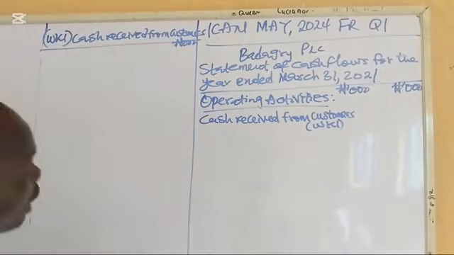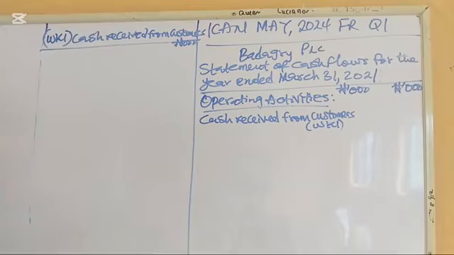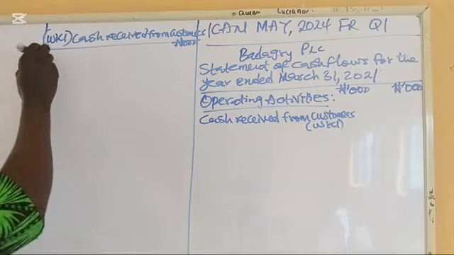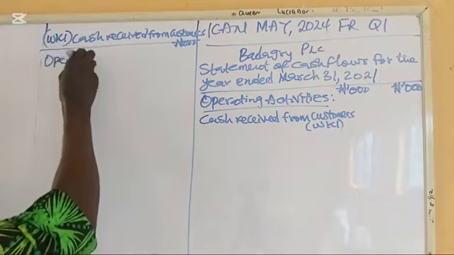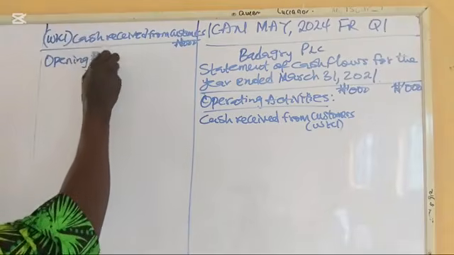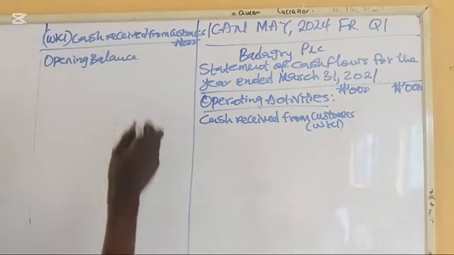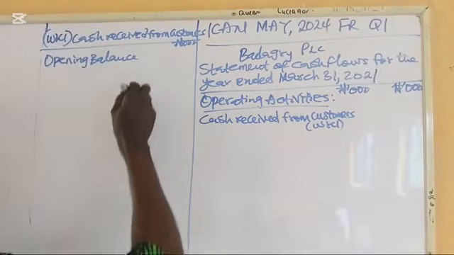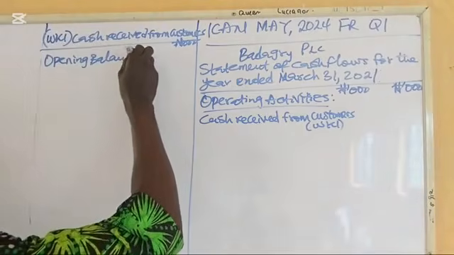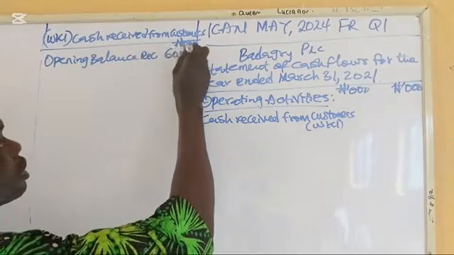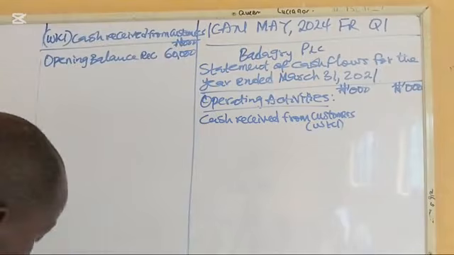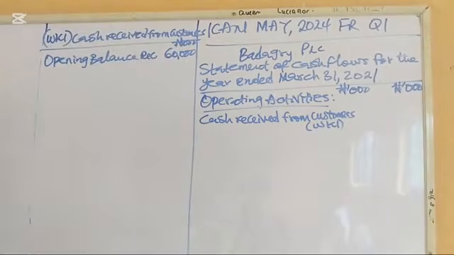So you start with what? Opening balance. How much is the opening balance of receivable? 60,000.